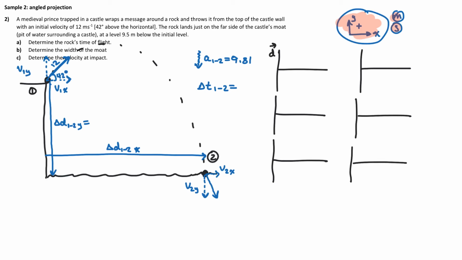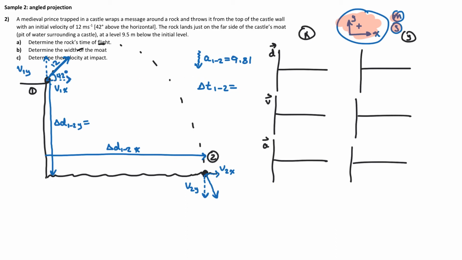Okay, we're going to have position, velocity, and acceleration, and we're going to do it for the x direction and the y direction. So in the x direction, we can see that the object starts here.